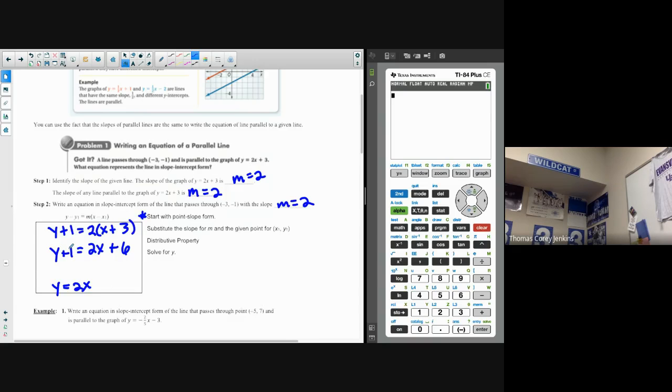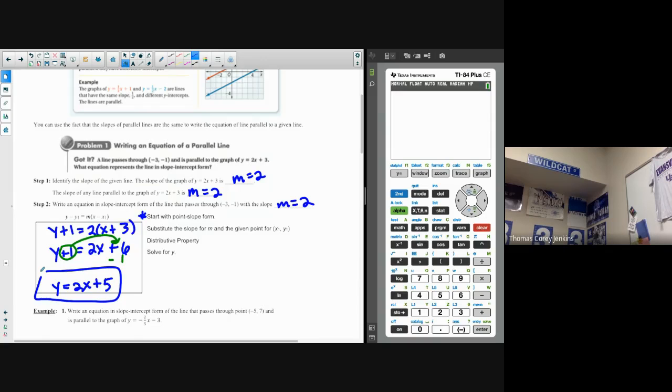Then my last step is we need to move over the +1. Remember, I'm technically subtracting 1 from both sides, but the way I like to think of it is if it's +1 over here, it's -1 over there. Then we combine like terms. 6 minus 1 is 5. So my final answer is y equals 2x plus 5.